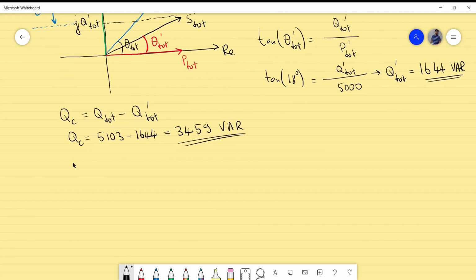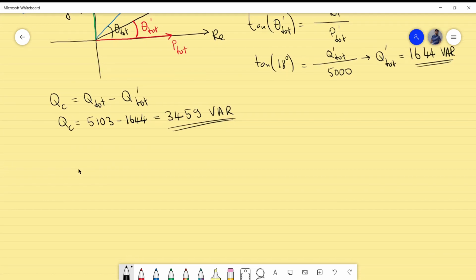Since we know that the reactive power of the capacitor can be expressed in the following way, QC is equal to the VC RMS squared divided by XC. And we know the capacitor voltage RMS value is equal to the supply voltage RMS value, which is already given as 220 volts.